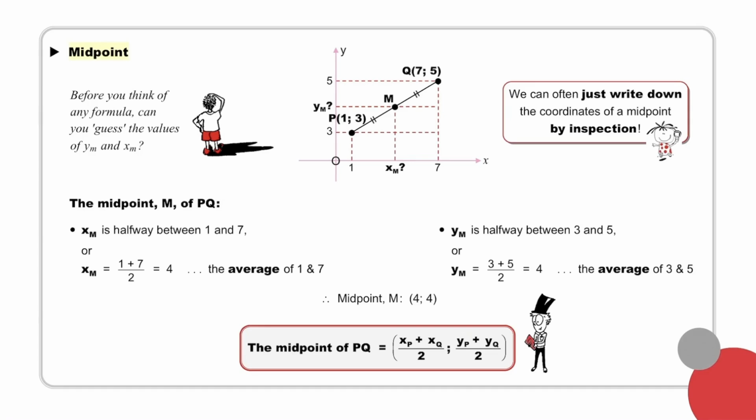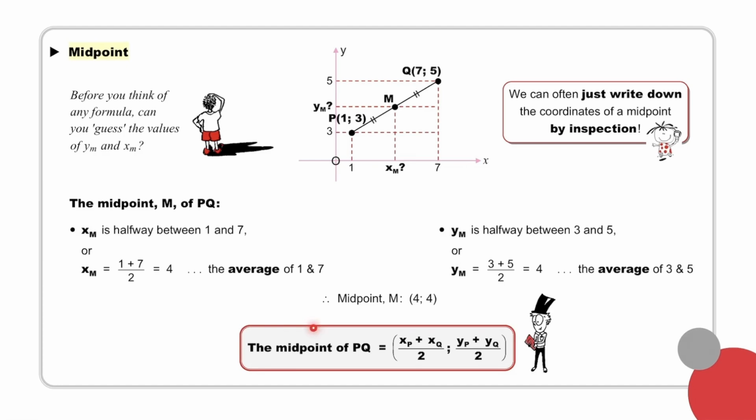We note, however, that the midpoint M of PQ has an x-coordinate which is halfway between 1 and 7, but it is also 1 plus 7 over 2, the average of 1 and 7. And similarly, the y-coordinate of the midpoint is halfway between 3 and 5, but it is also 3 plus 5 over 2, which is the average of 3 and 5.